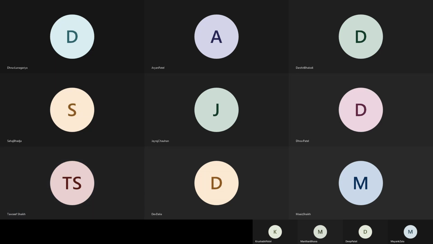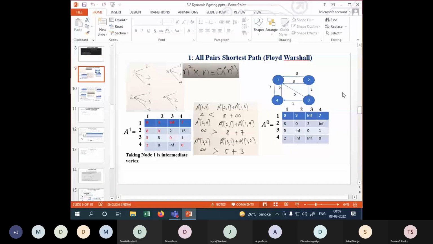The shortest path, and this is Warshall. In mining, that's we all the pure disease.